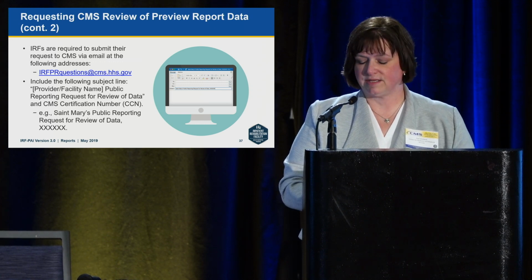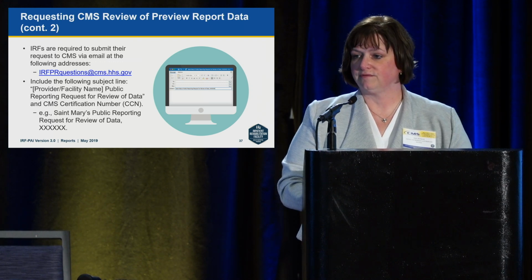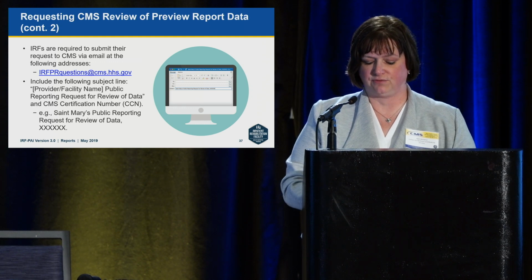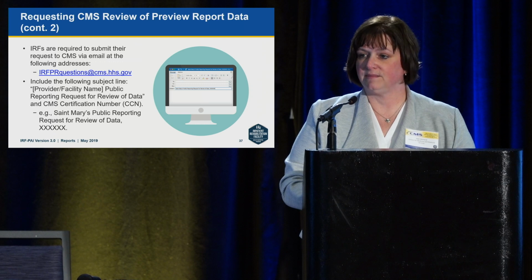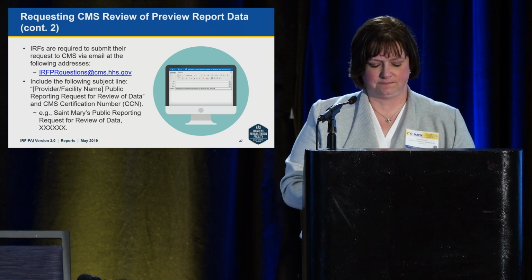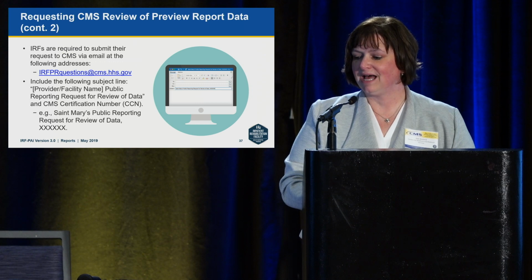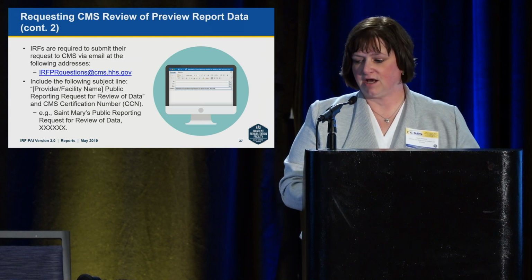The title or subject line of the email must contain the following information: your facility's name, followed by the words public reporting request for review of data, and your facility's CCN or CMS certification number. And as you can see on this slide, we've provided a sample of the email that would show exactly what needs to be included in the subject line of that email.